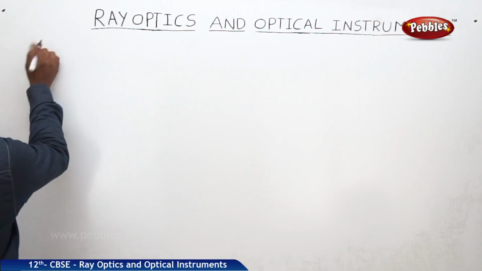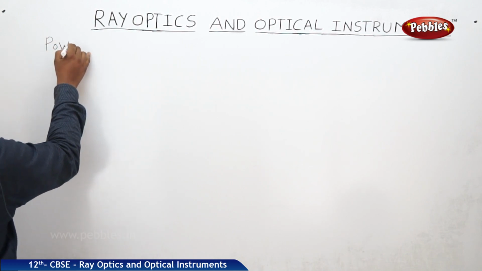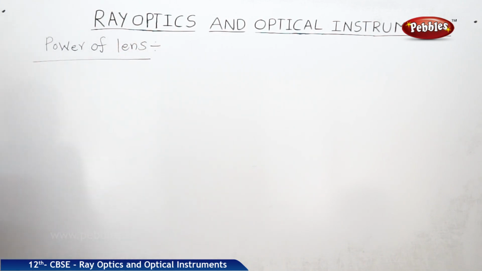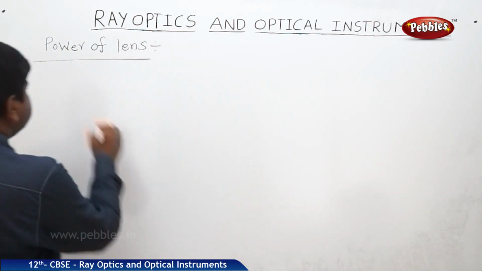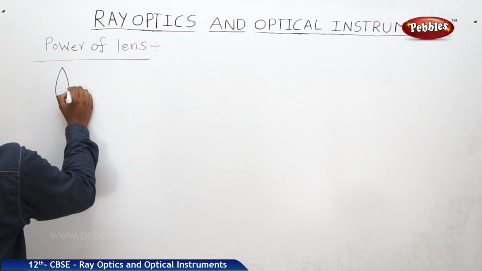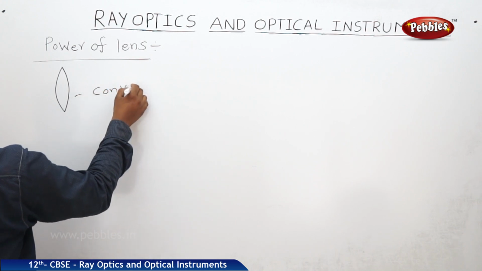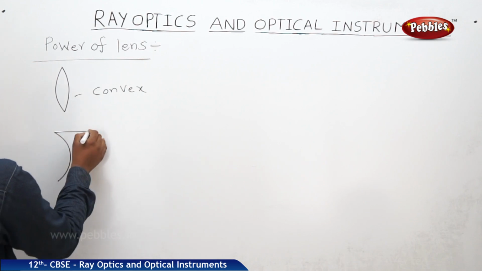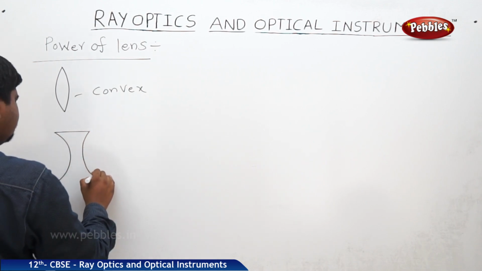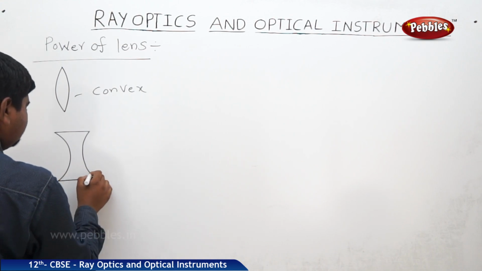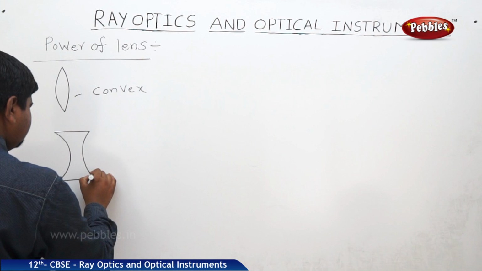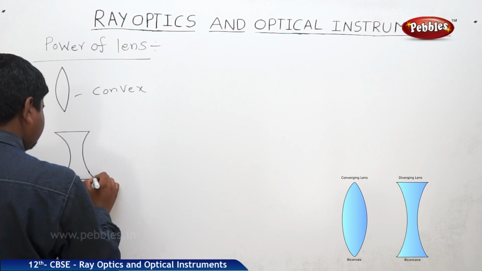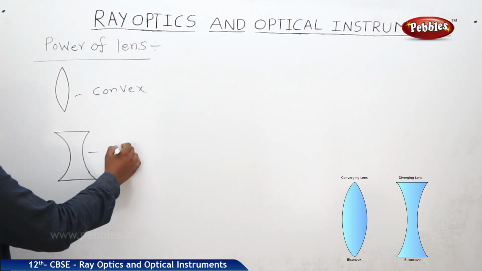Next, the concept we are looking at is power of a lens. So what is the meaning of power of a lens? We have two lenses, convex and another one concave. So this is a concave lens.